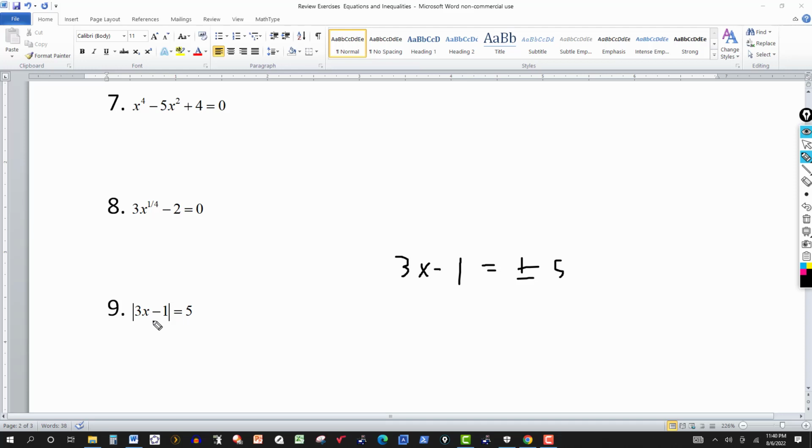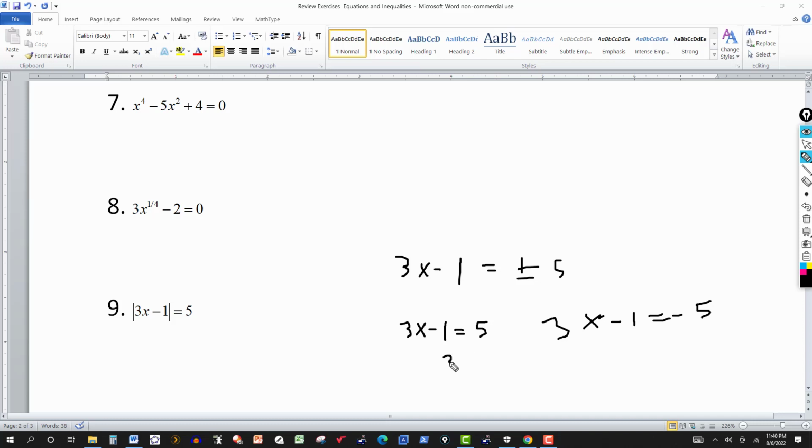And if this is negative 5, the absolute value of negative 5 is 5. So that means that 3x minus 1 can equal 5, or 3x minus 1 can be negative 5.